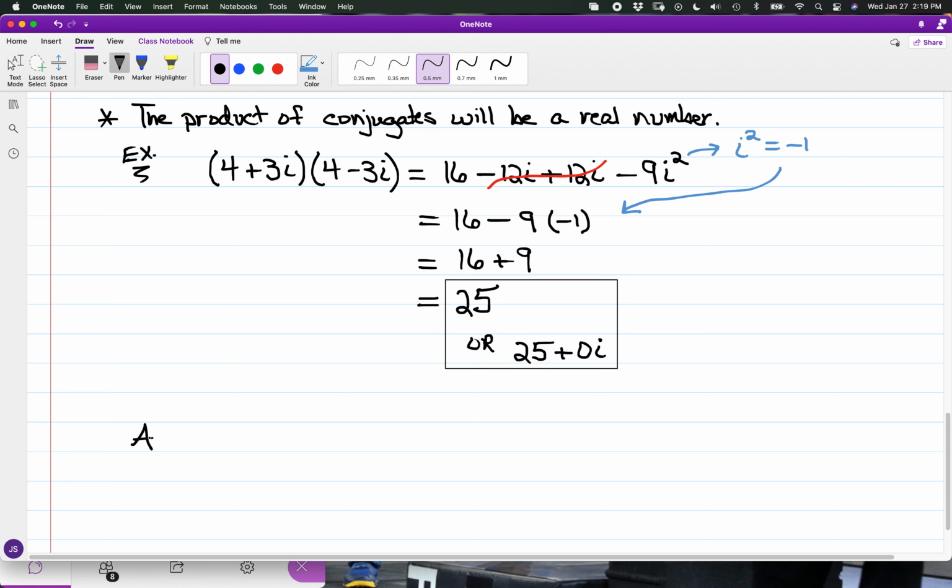And we say we have a complex number fraction. It can be converted to a plus bi form. That is the standard form.